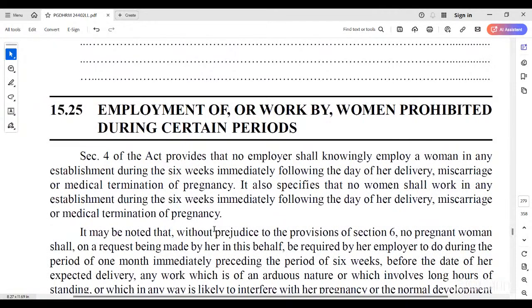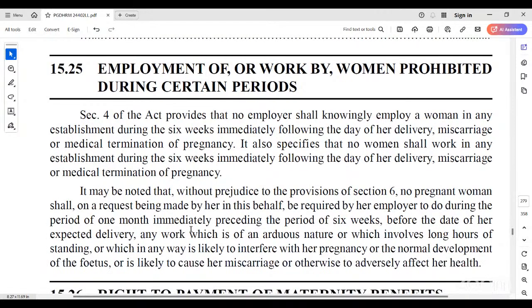Now, employment of or work by women is prohibited during certain periods. Women are not allowed to work in certain periods under Section 4 of this Act.